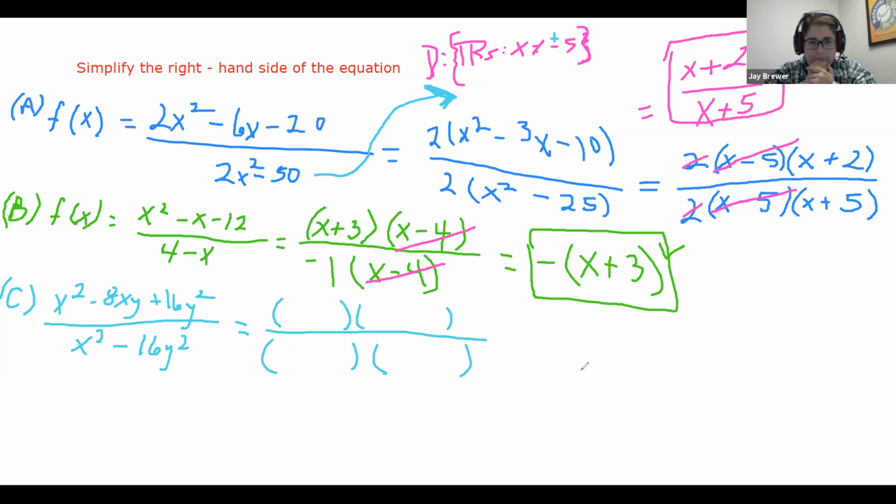Would one of the numbers be a -4? Are you talking to me about the top or the bottom? The top. Yeah. So we are going to actually have a negative for what? What has to go with the -4s?